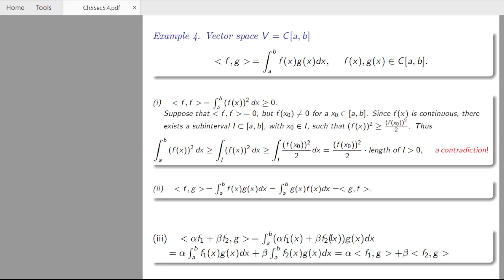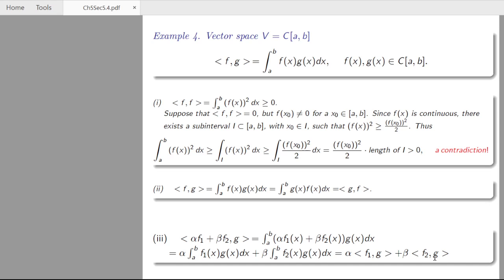For the integral here, we can separate the summation, and alpha is a scalar, so we can move it to the front. So in this way, we get alpha times this integral between f1 and g, which by the definition is the operation between f1 and g. And then the second term, similarly, is beta times the operation between f2 and g.